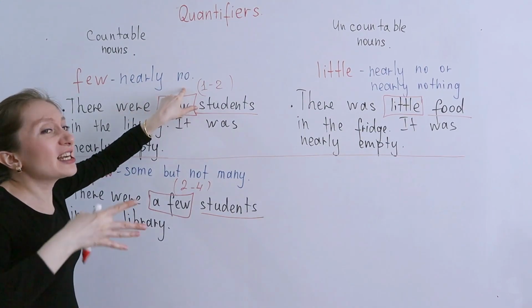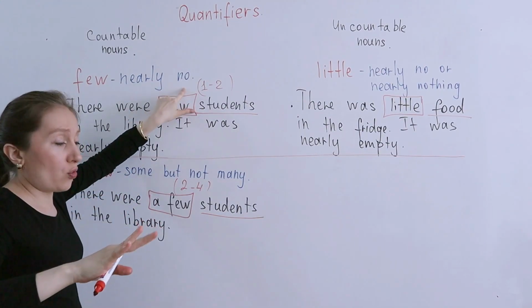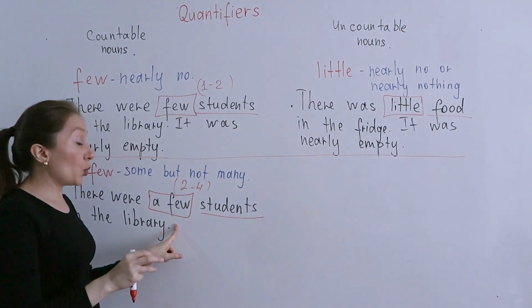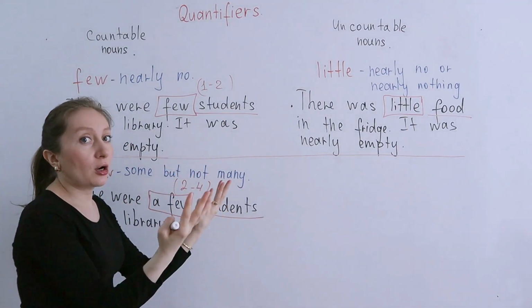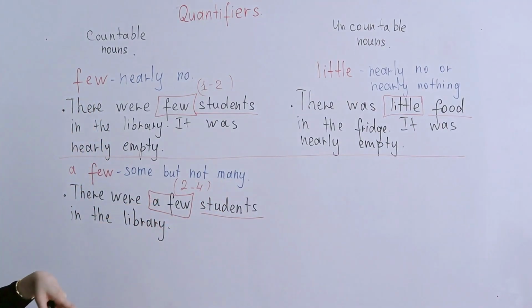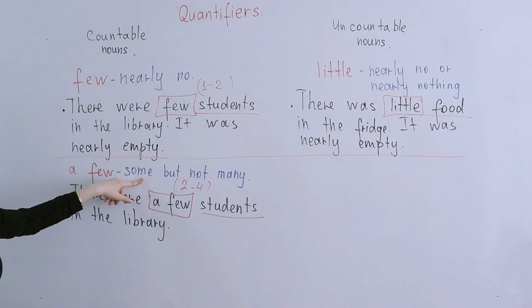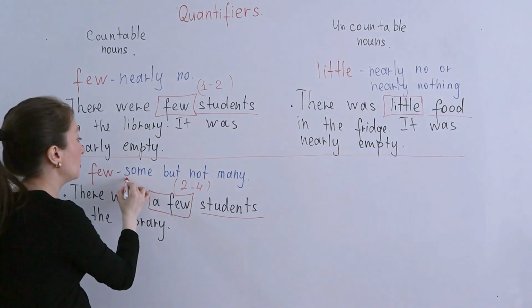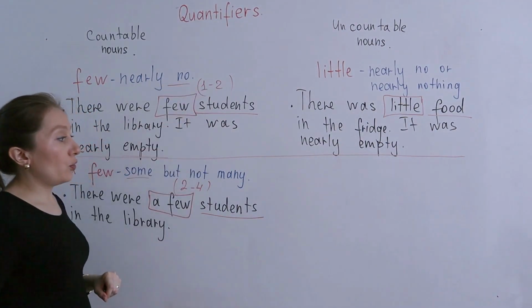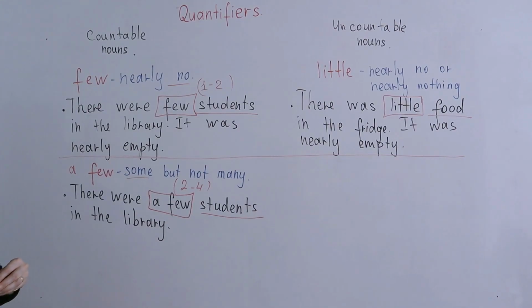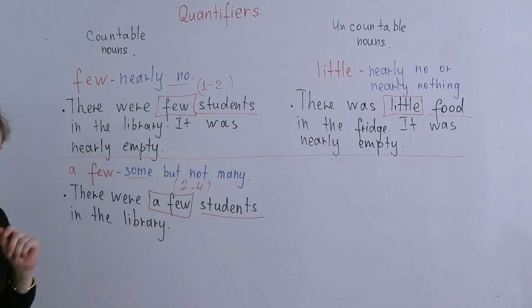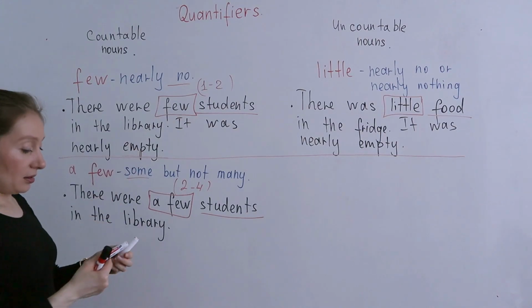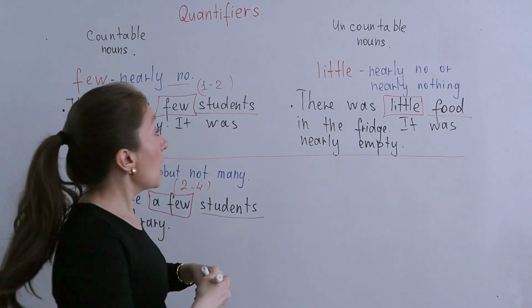Here, nearly, almost no. Here, there were some students, like 3, 4. You see more people, right? A few students, some, but not many. So just one article changes the meaning. Be careful.